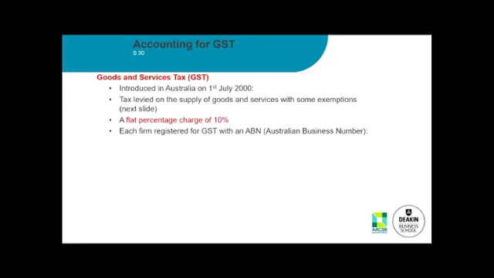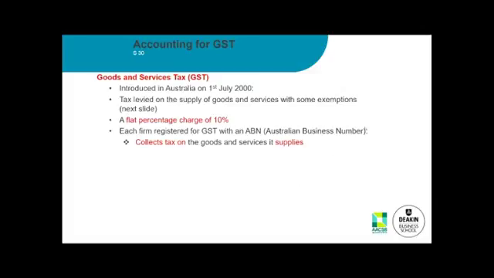And once you do register, you have to quote your ABN, or Australian Business Number, and then each quarter you have to fill in a reconciliation statement of the GST you've collected and the GST that you've paid, and then you get either money refunded to you or you have to fork out some to the government or the ATO. And that's the way it works.